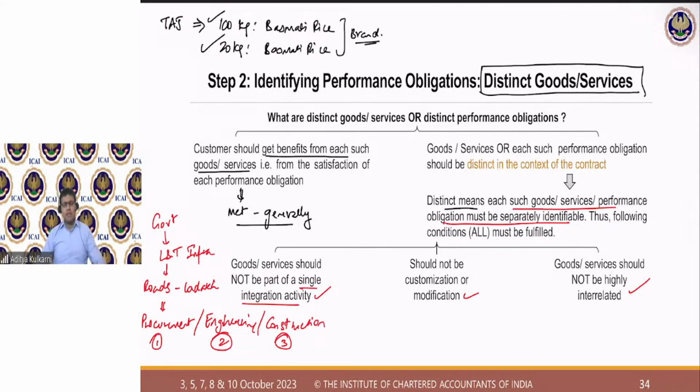Is it okay? Yes. Have you understood the first condition? Goods or services should not be part of a single integration activity. I will come to build, operate and maintain, that is construction of toll roads, separately, because they come under service concession agreements, for which we have a separate appendix to Ind AS 115.